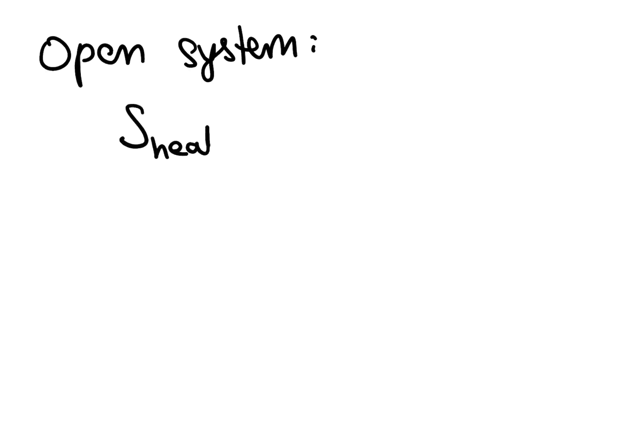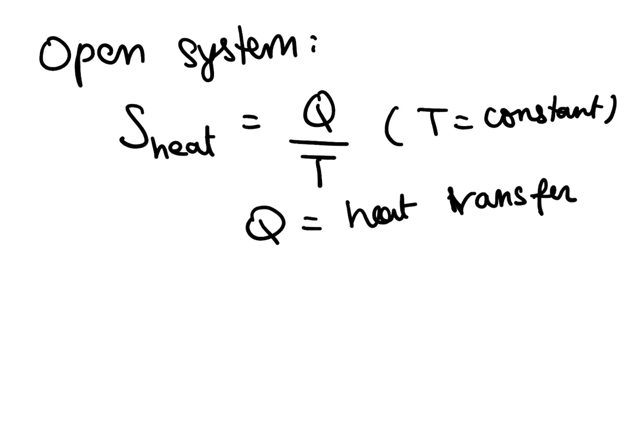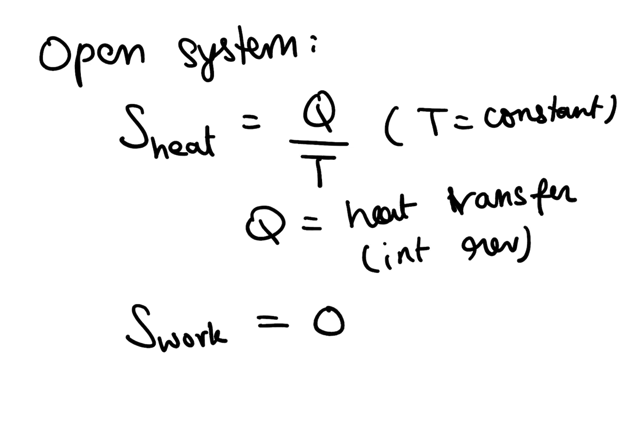The entropy related to heat transfer is Q divided by T, where T is constant and Q is the heat transfer, that is internal and reversible. Entropy transfer by work is 0. Entropy is not something you can transfer by work. It is simply equal to 0.